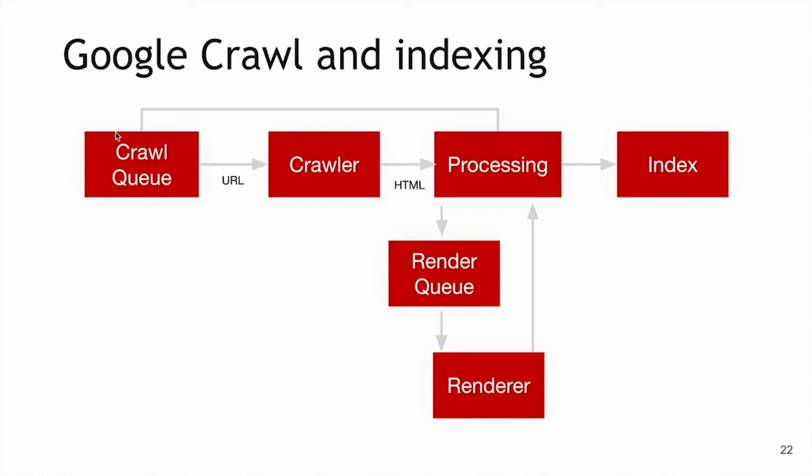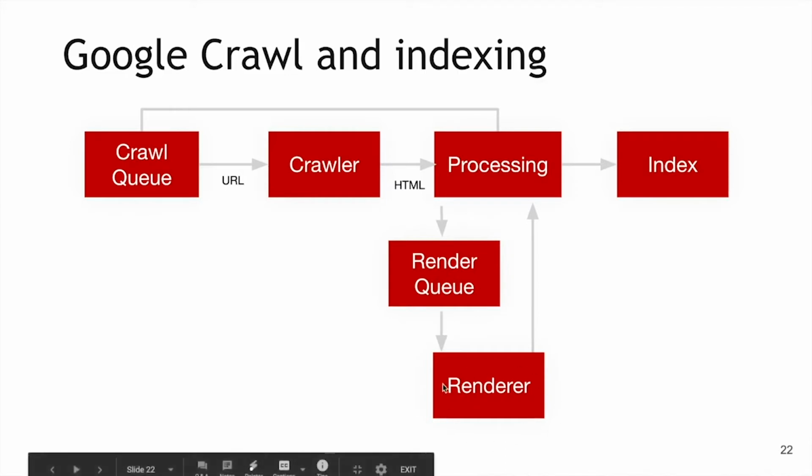When a new page appears, it gets into the crawl queue. It's like we submitted the XML sitemap and a few new URLs were added. They are getting in the queue. Then a crawler from Google arrives, crawls the HTML, sees that there's a lot of JavaScript, and puts the specific URL in the rendering queue.